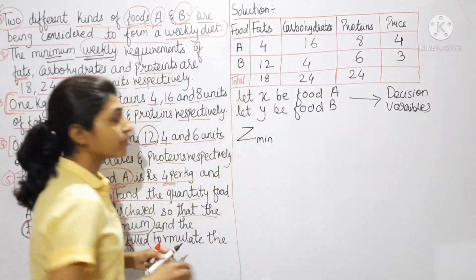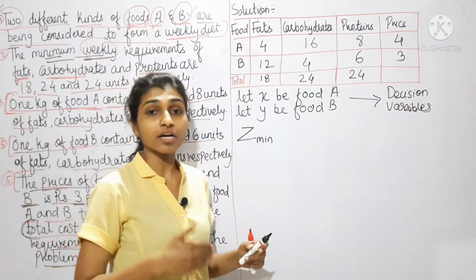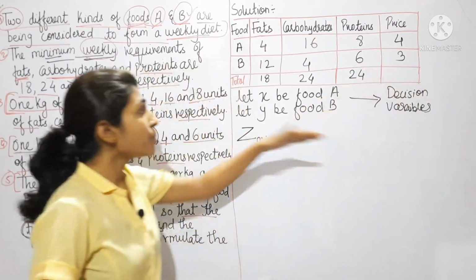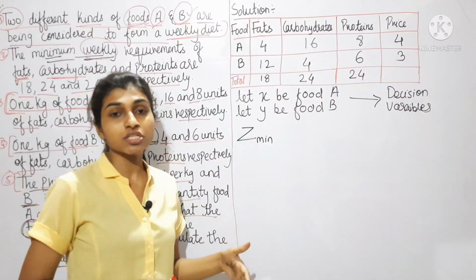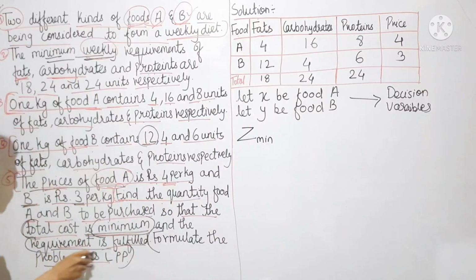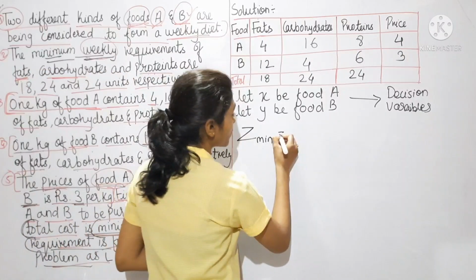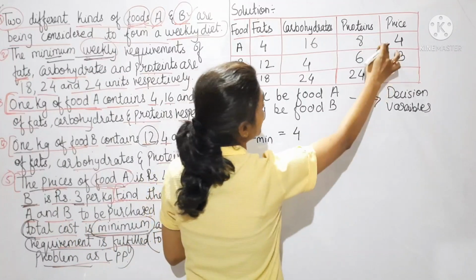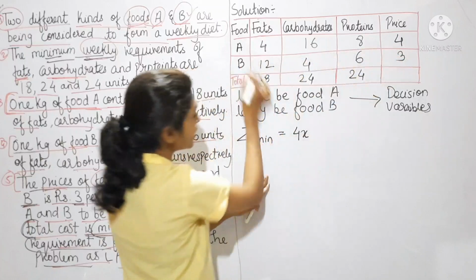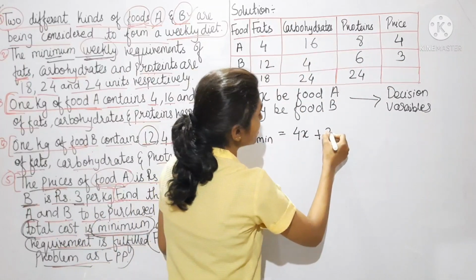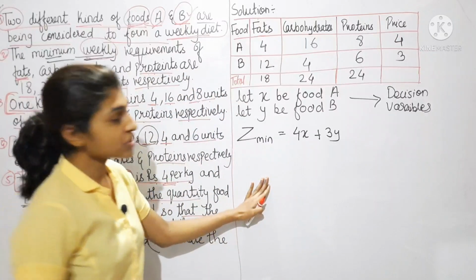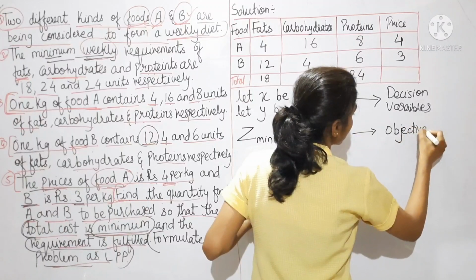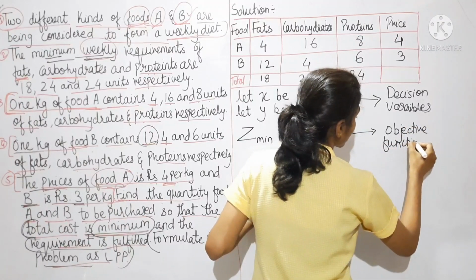We can achieve the objective function with the help of the prices, because if the cost is low, then we can fulfill the requirement. So minimum Z equals 4x, the price of food A, plus 3y. This is our objective function.